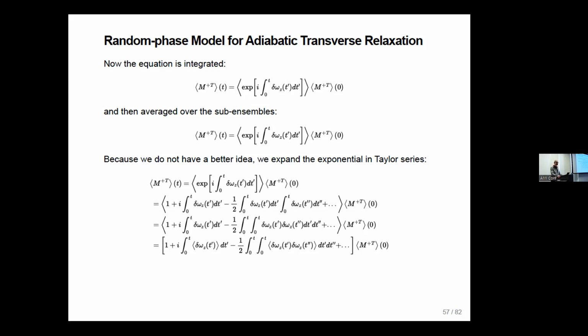The people who did it the first time had to be smart. But I knew in advance that I wanted this term to vanish, and I set the problem up in a way that would ensure that the first term in the Taylor series would go to 0. And then you see the second term is my autocorrelation function.